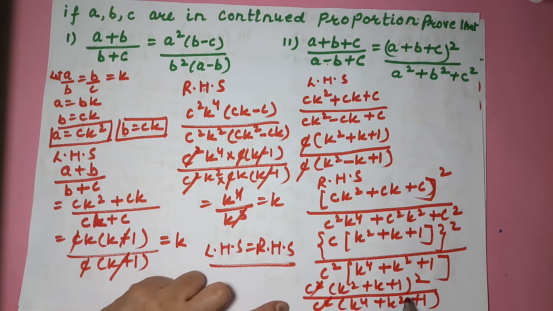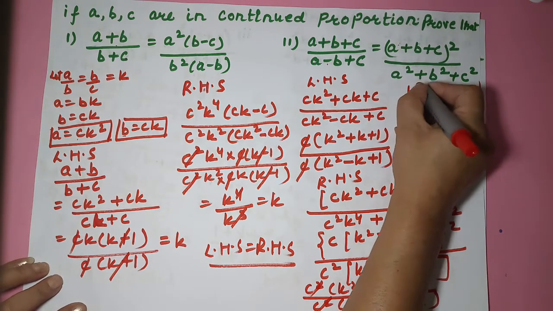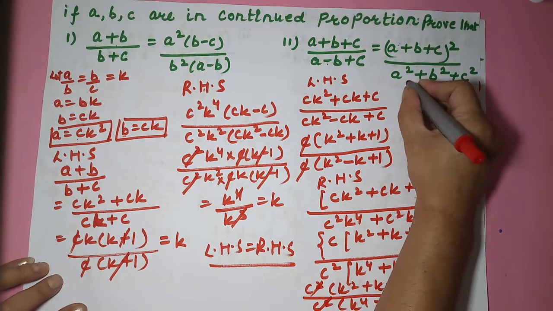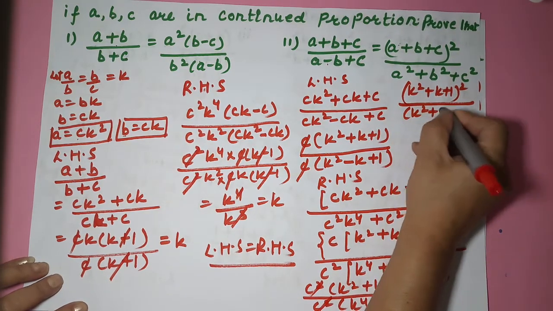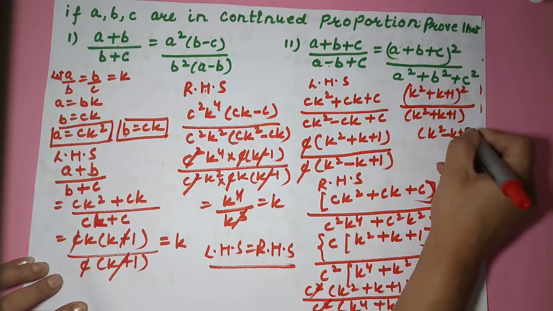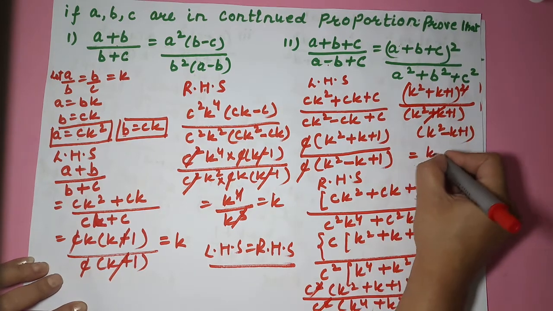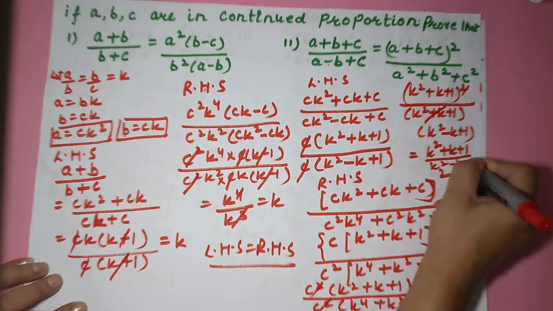Now we have seen in the previous question that k^4 plus k square plus 1 can be written as k square plus k plus 1 into k square minus k plus 1. This and this will go. So I am finally left with k square plus k plus 1 upon k square minus k plus 1.